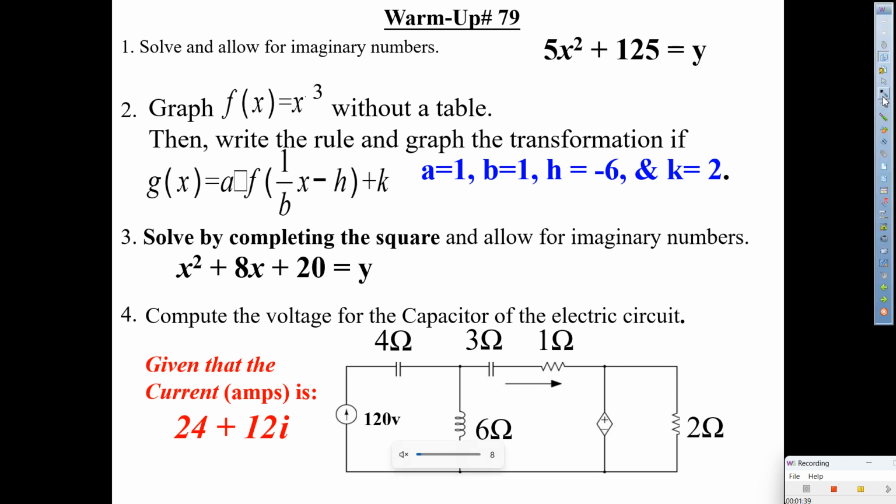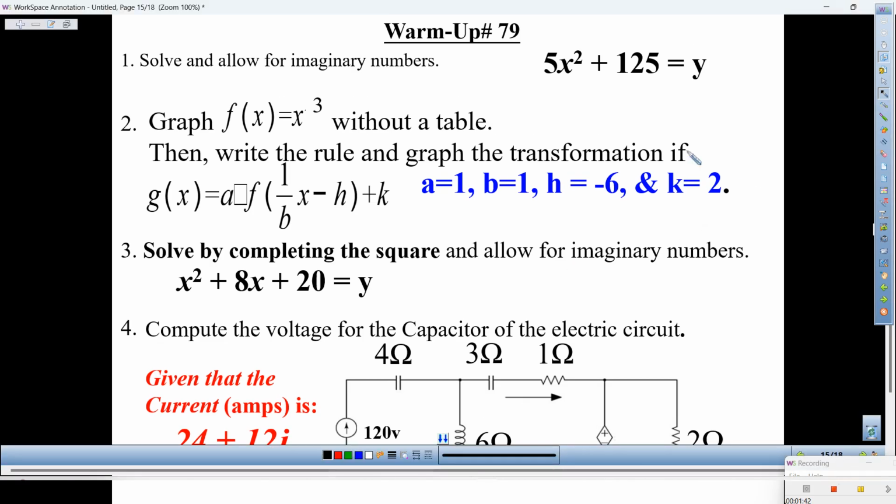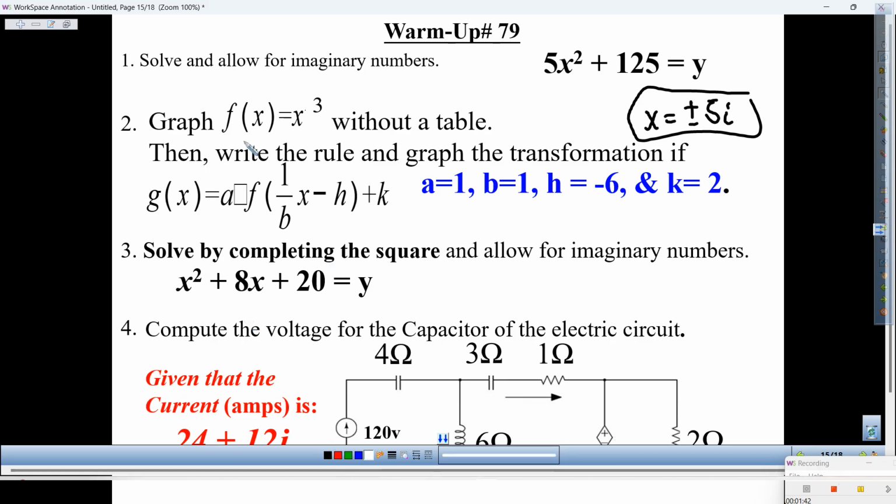So, for number one, the correct answer was x equals plus minus 5i. Hands up if you got that. That is correct. Number two, the cubic looks like this.